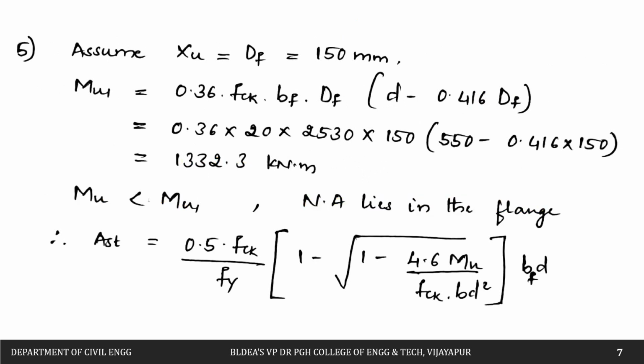Now for this we will calculate the area of steel. The area of steel is equal to, as we have already seen, 0.5 fck divided by fy into (1 minus the square root of 1 minus 4.6 Mu divided by fck b d square) into b into d. Instead of b we have to use bf.